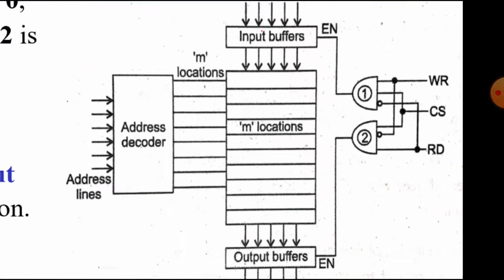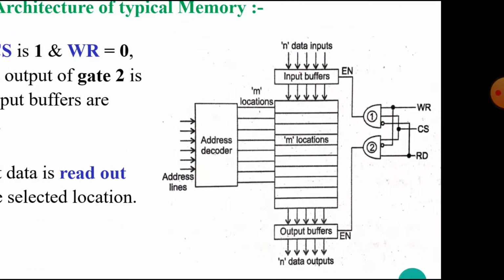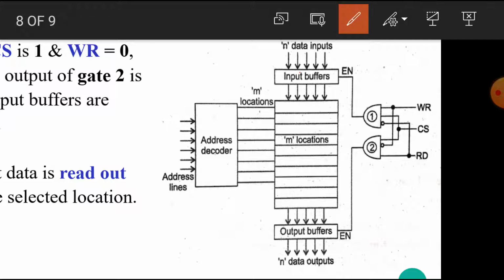Let's see once again. If CS has the value 1, write has the value 1 and read has the value 0, then the output of gate 1 is 1 and the output of gate 2 is 0. Therefore input buffers are enabled and data is stored into the memory locations through input buffers.